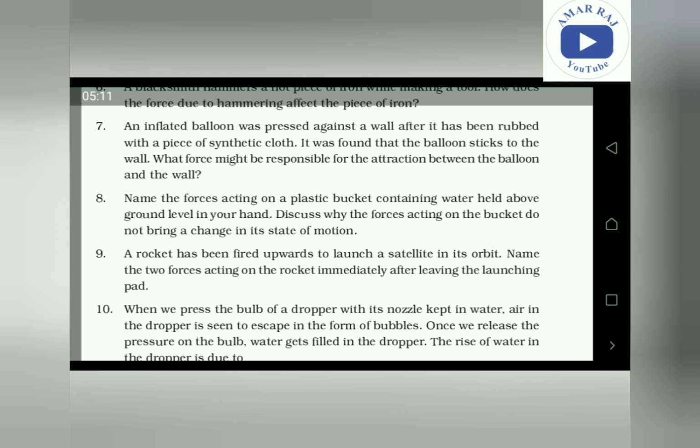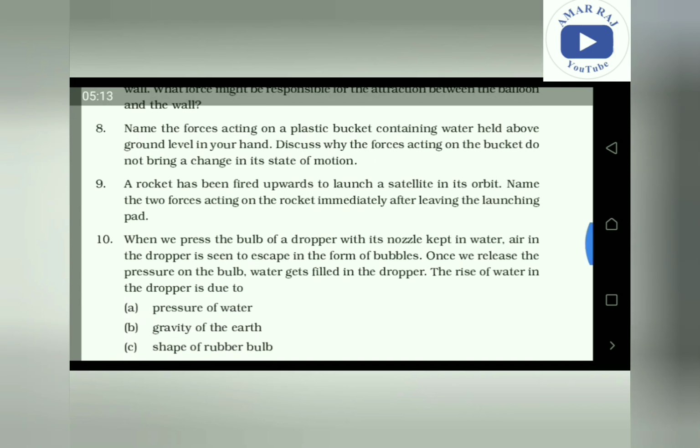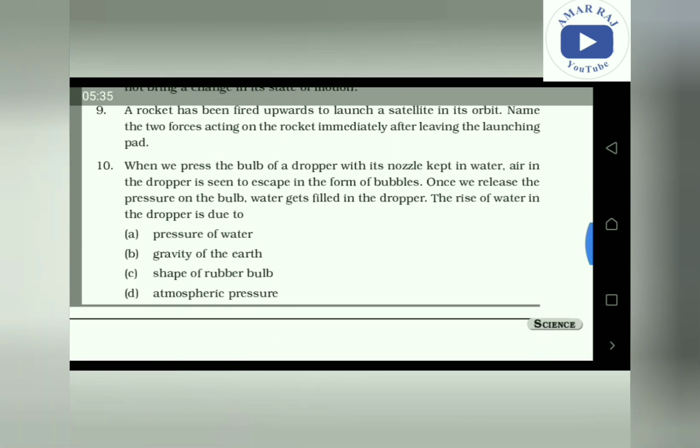Now question number 10. When we press the bulb of a dropper with its nozzle kept in water, air in the dropper is seen to escape in the form of bubbles. Once we release the pressure on the bulb, water gets filled in the dropper. The rise of water in the dropper is due to, obviously, atmospheric pressure, as we have discussed.